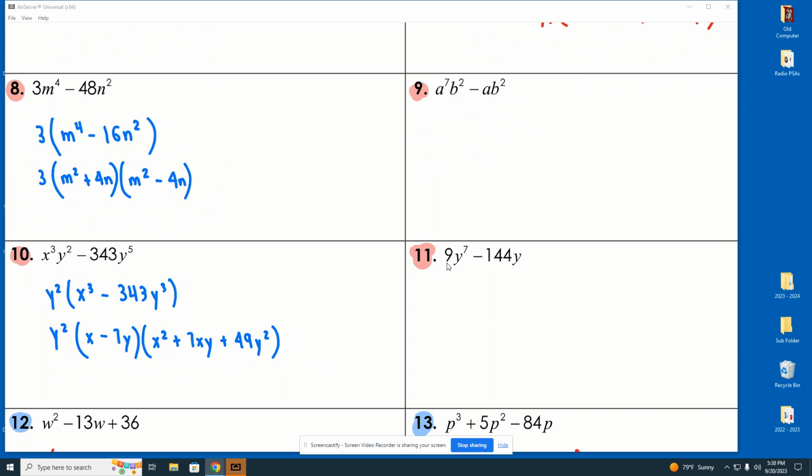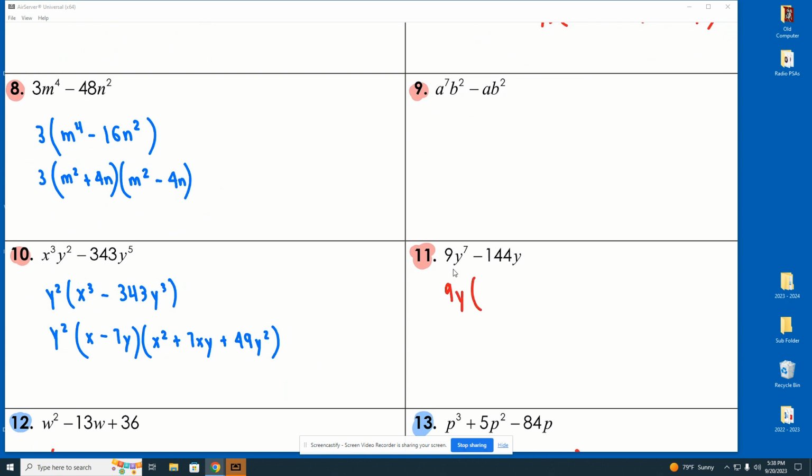Okay? Now with 11, I know that 9 is a perfect square, and I know that 144 is a perfect square. But check it. You're always supposed to check to see if there's a GCF. And sure enough, if you don't know this, 9 goes into both of them. But this has y to the 7th, and this one has y. So we actually can take out 9y.